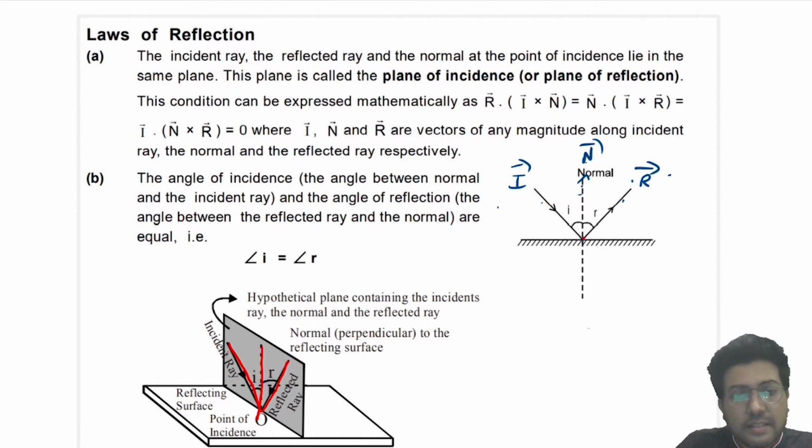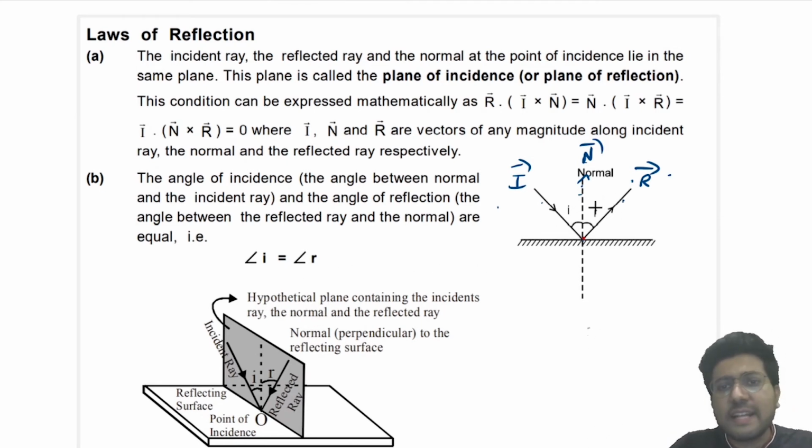That means this light after reflection cannot go out of the plane, it will always lie in the same plane. You can say that the incident ray, the normal, and the reflected ray are coplanar.